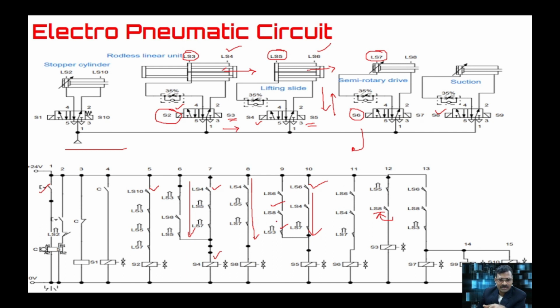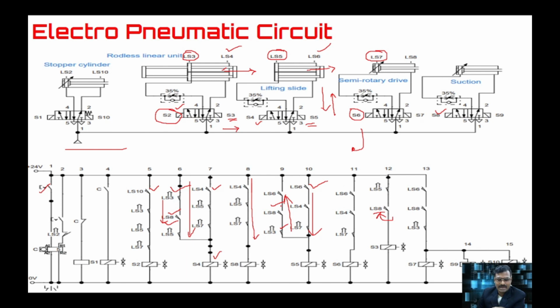Once it is going down, when S5 is getting actuated, this is for retraction, and extension of this is happening here. LS3 is getting actuated, LS8 semi-rotary actuator is in actuated condition, LS5, the lifting slide, is in home position. So all these are in the condition so that it will go down here again. Once it has gone down, it will come back here. So these conditions.